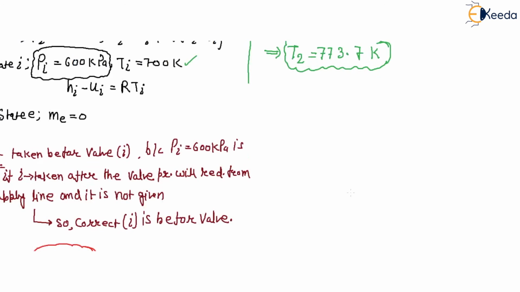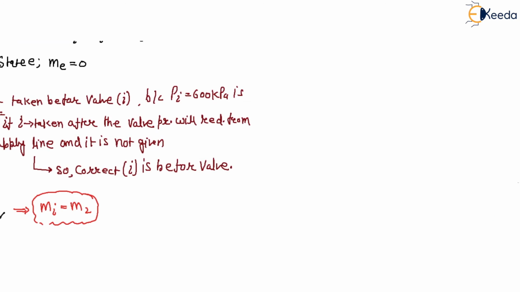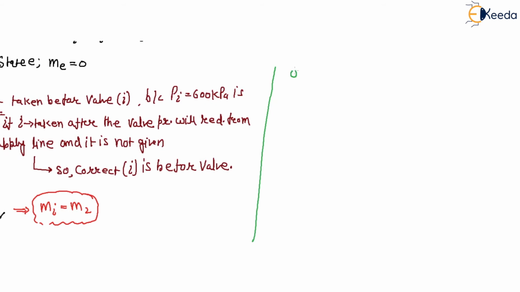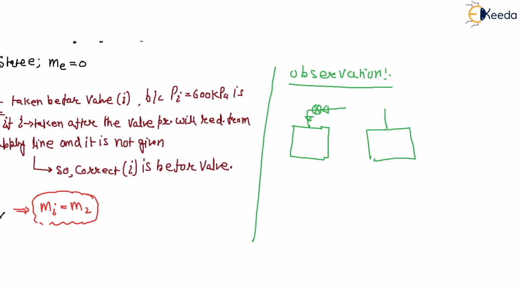So one point to keep in mind is an observation from the previous question. See, if there is a tank, and mind it, this is your pipeline, and there is a throttling valve, and this is your inlet.